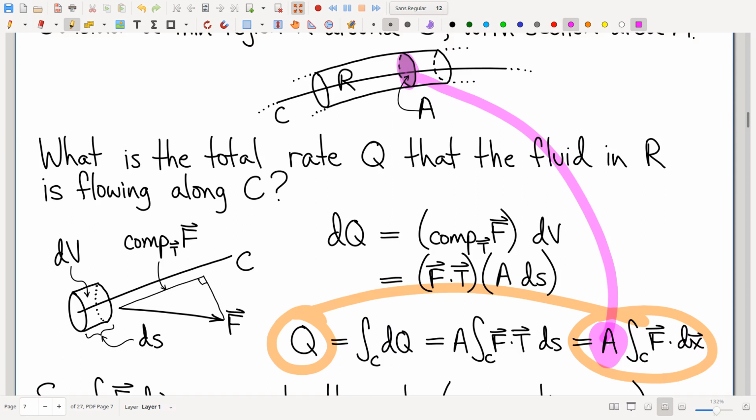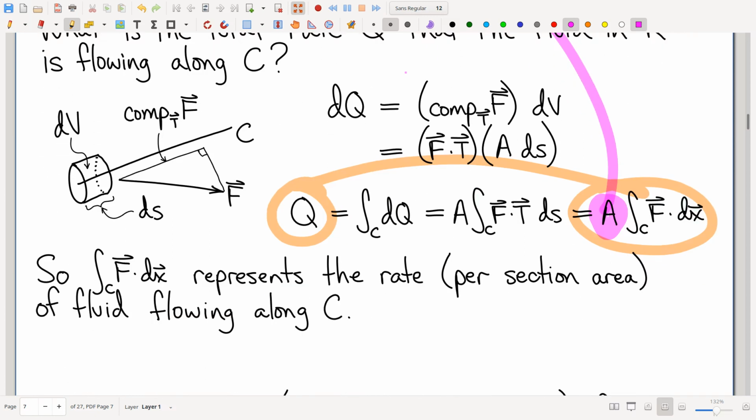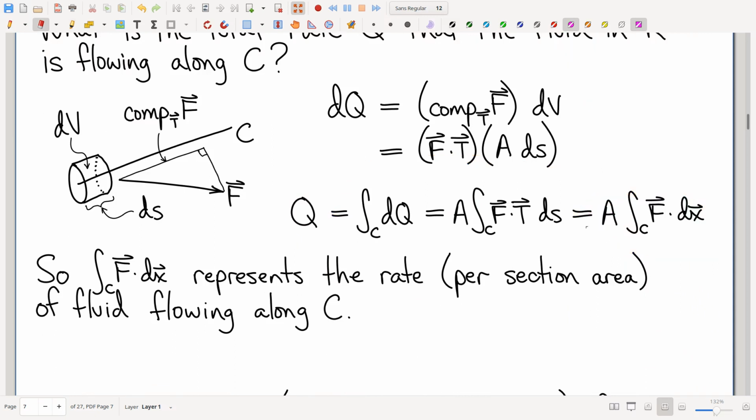But really the better question to ask is, per unit area, obviously more area means more stuff, but per unit area, how much is the fluid flowing along the curve. And per unit area is an easy thing to address here. I'm just going to take this area and divide it over here into the denominator.